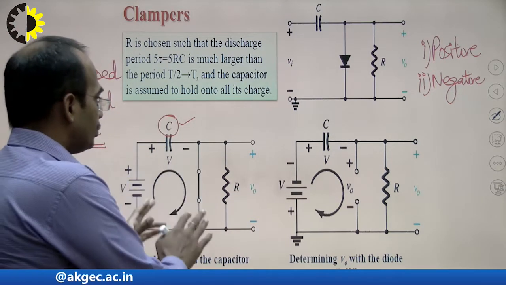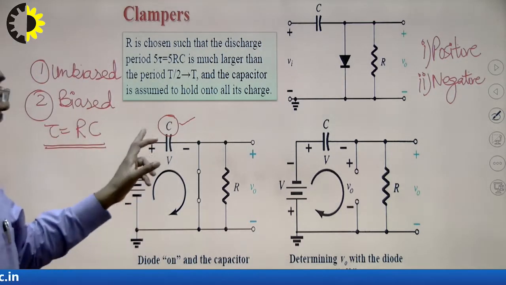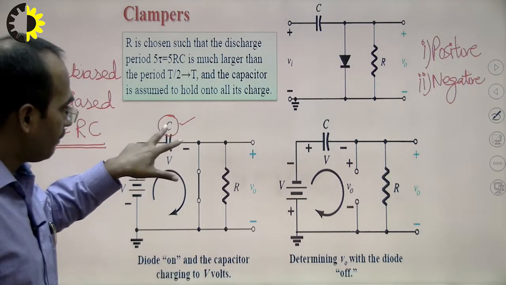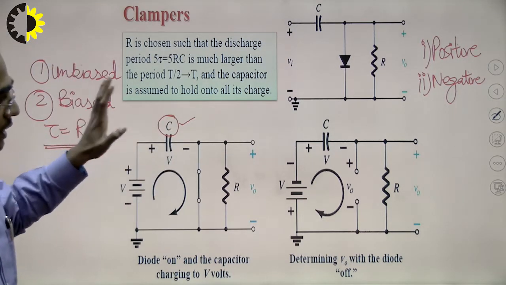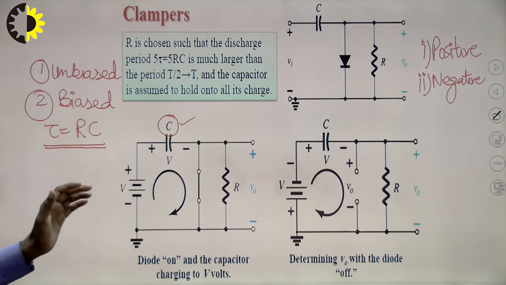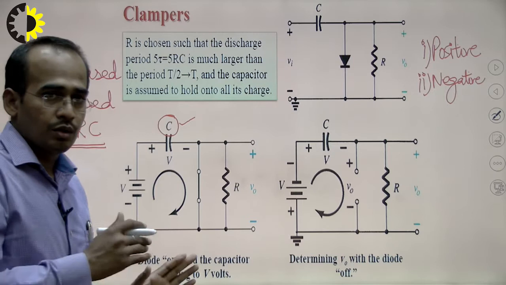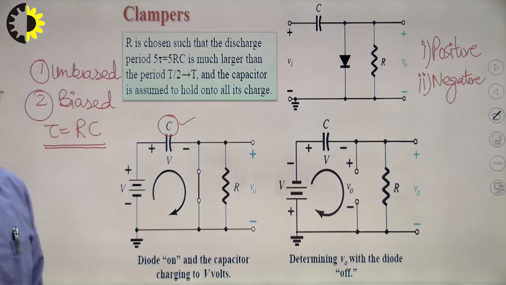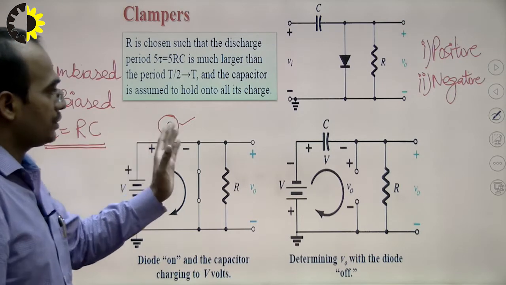We have chosen the value of RC so that the capacitor will discharge very slowly. Again the next half cycle will come and charge the capacitor. So this capacitor will continuously work as a battery and it will not discharge.